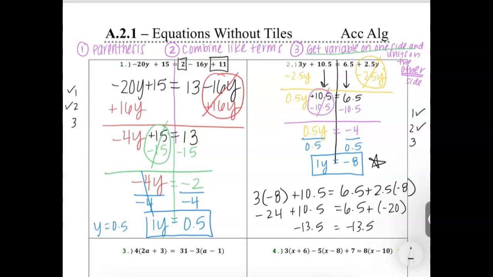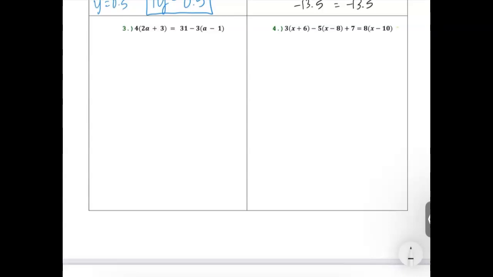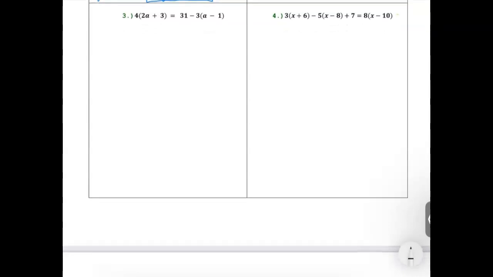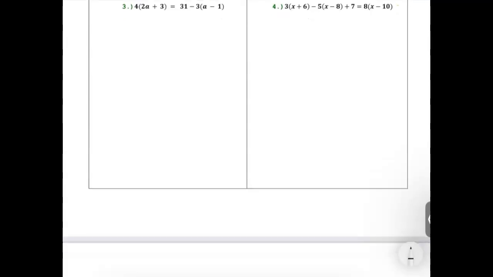Alright, moving along now, we have some that have parentheses. So let's take a look at what happens with the parentheses. Remember what parentheses are saying? Before, when we just had a negative sign, we said everything is the opposite. But what this is saying is, if we change this to x, this is like 4 groups of 2a plus 3.